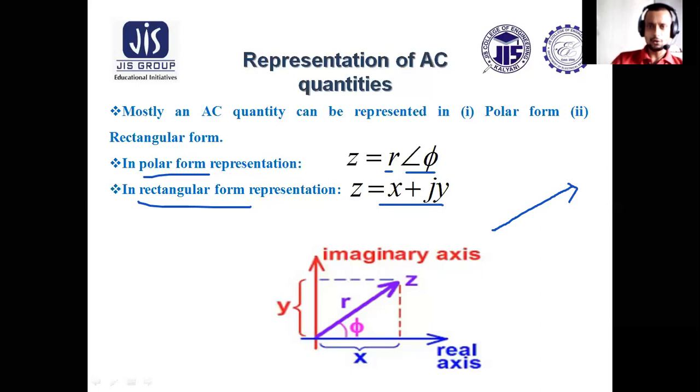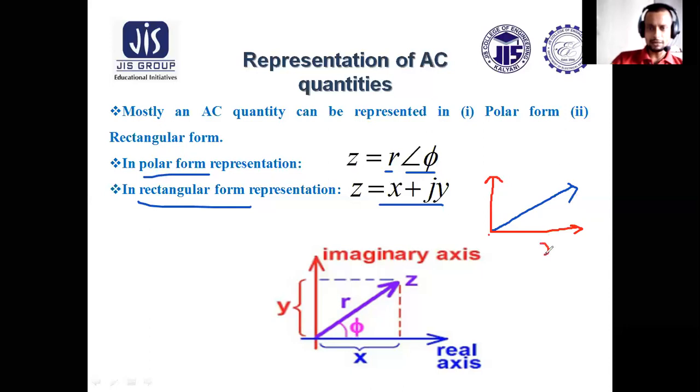Now, any phasor can be resolved. We have studied in plus 2 vector algebra that any phasor or any vector can be resolved into two components, horizontal and vertical components.